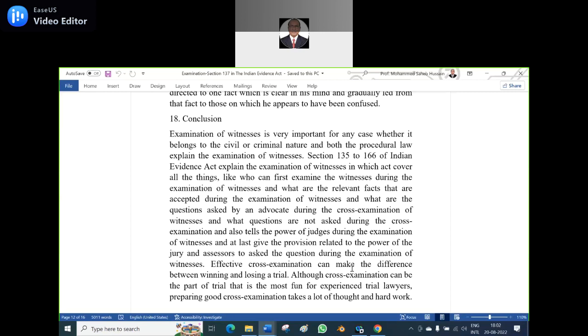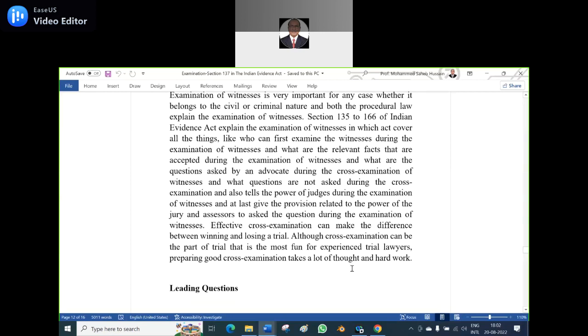Of course, the jury system is no longer there, and access to ask questions during the examination of witnesses. Effective cross-examination can make the difference between winning and losing the trial. So cross-examination is very crucial, as it can determine whether you win or lose the trial.